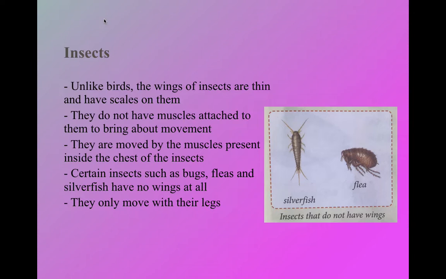They do not have muscles attached to them to bring about movement. They are moved by the muscles present inside the chest of the insects. Certain insects, such as bugs, fleas, and silverfish, have no wings at all. They only move with their legs.